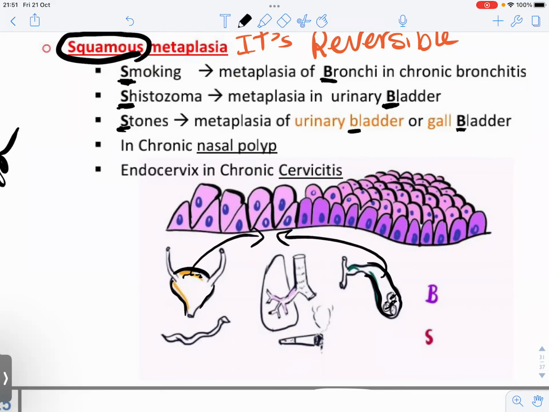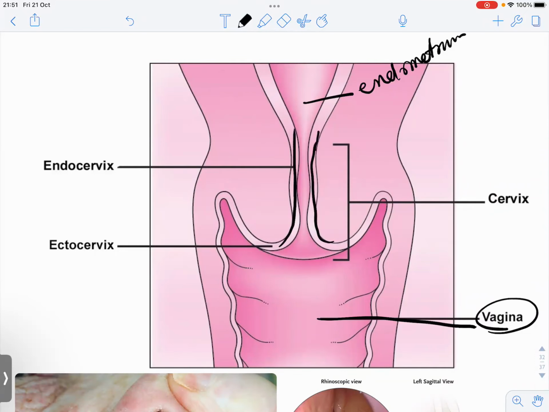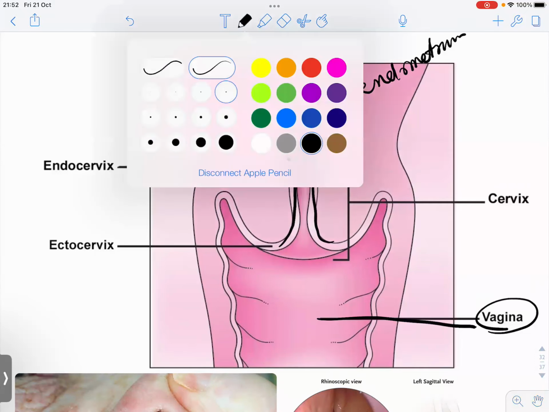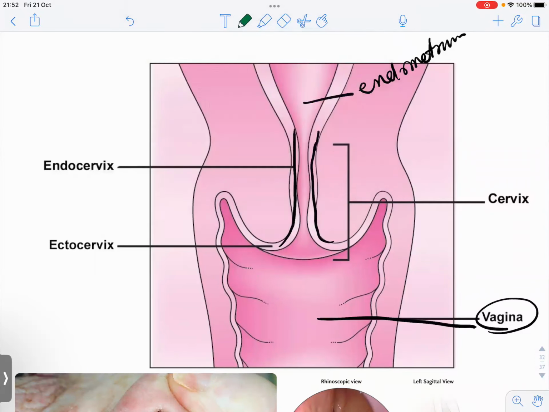Here it's the endometrium of the uterus, and here it's the vagina. The cervix of the uterus consists of two parts. The part inside, which faces the endometrium, is called the endocervix, and the part of the cervix outside is called the ectocervix or exocervix.